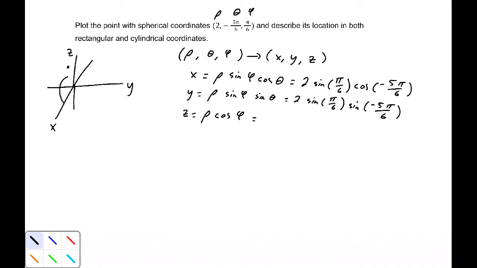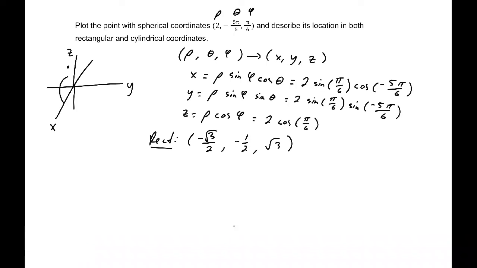And our z component will be 2 multiplied by cosine of pi over 6. So our point in x, y, z, once we evaluate all of this, should be negative root 3 over 2, comma, negative 1/2, comma, root 3, which is roughly the same location as we predicted with the spherical coordinates.